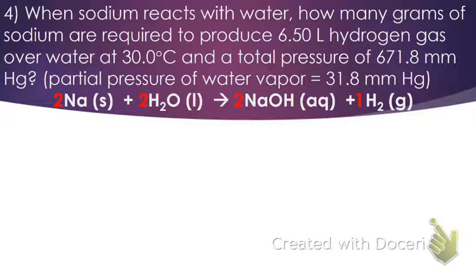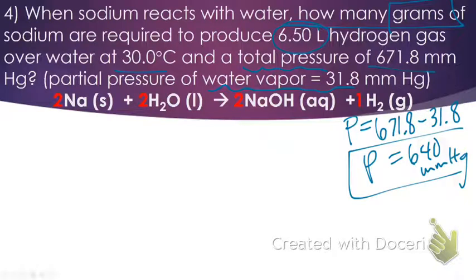So, starting with PV equals nRT. I'm trying to solve for moles, solving for n. And n is going to be equal to PV over RT. Pressure is... Oh, I erased all of that hard work that I had done. Let me pull that back up. And here we go. So, now solving for n.